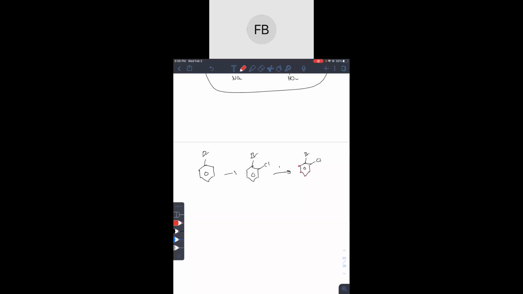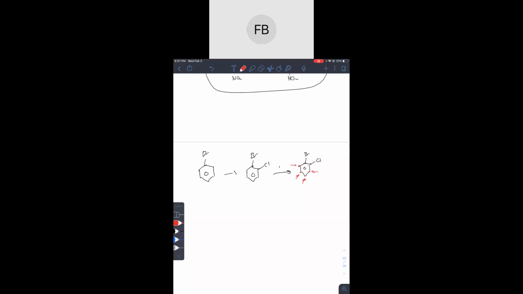So really all of these positions are very unfavorable, or they're equally favorable. So what happens is that the NO2 is going to go to either a para position from the CL, which is right here, or a para position from the BR, or an ortho to the CL or an ortho to the BR.